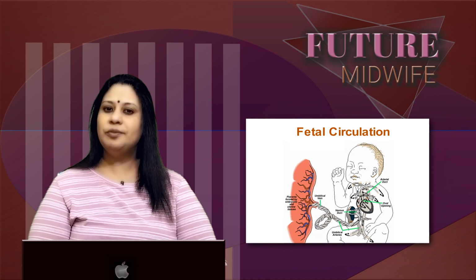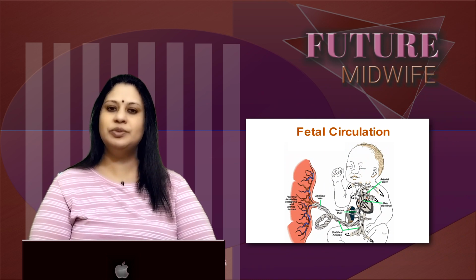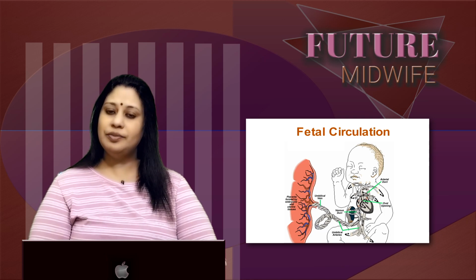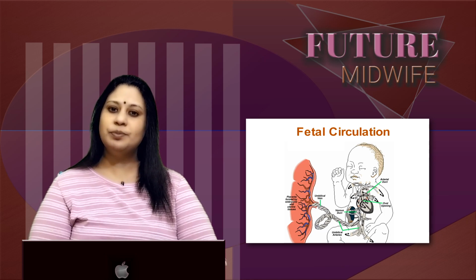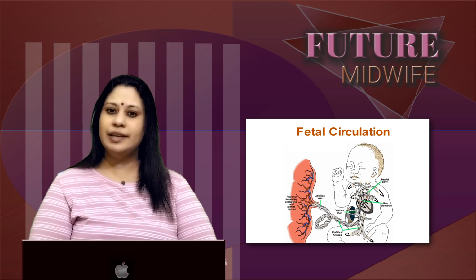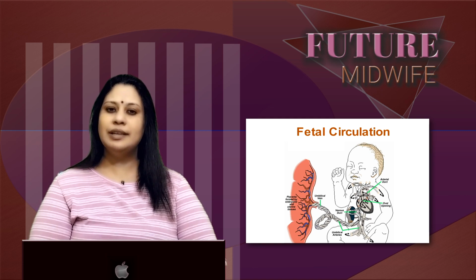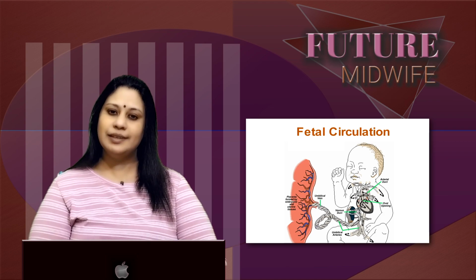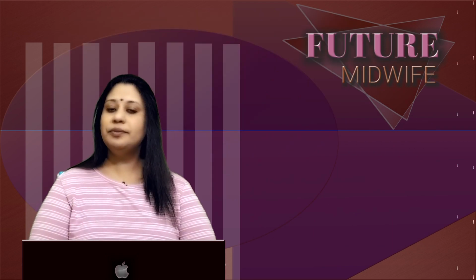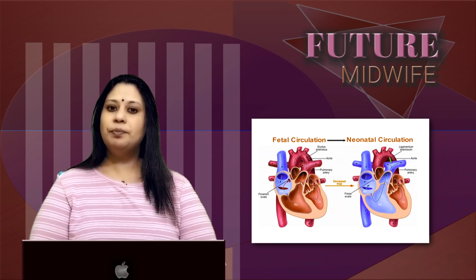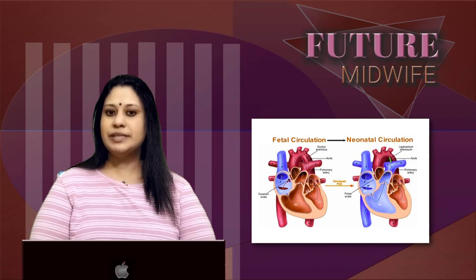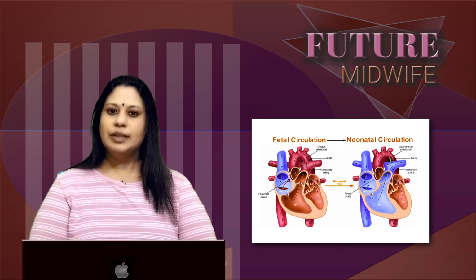So the placental vein carries oxygen and nourishment, which is given to the fetus. After gas exchange, the waste products and carbon dioxide are carried by the umbilical arteries and finally reach the placenta. During fetal circulation, the pulmonary circulation pressure is high.